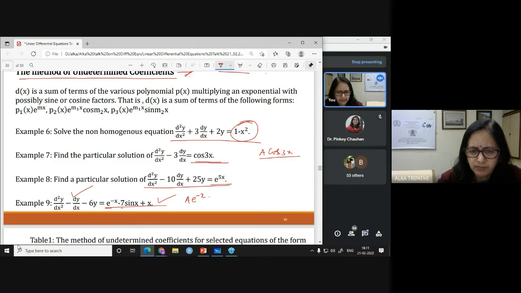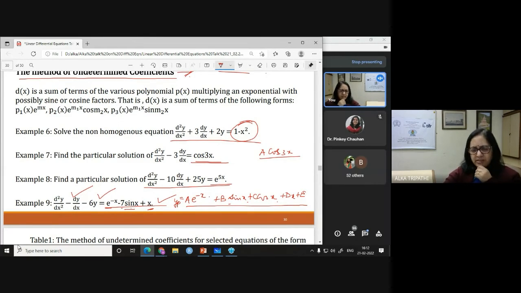Then for the sine x part, you can say b sine x plus c cos x, because if sine and cos are there, we should have sine and cos both in our solution. And for x, I can say dx plus e. So this will be my yp. I will differentiate it two times, substitute in the equation, compare the coefficients of e to the power minus x, sin x, cos x, x to the power 0, and I will get the values of a, b, c, d, e, all of them.